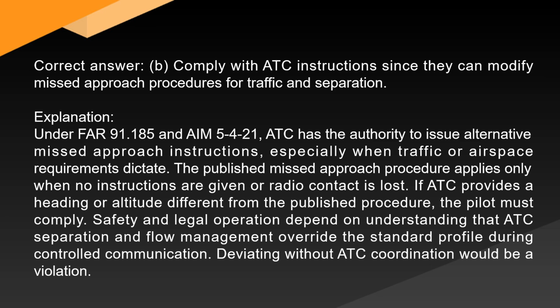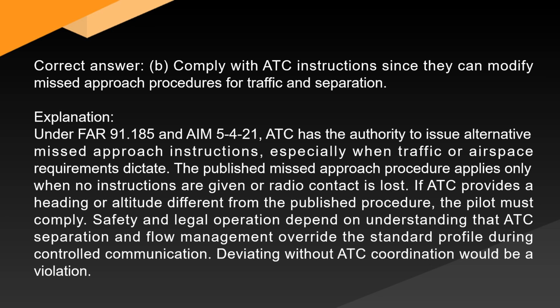Explanation. Under FAR 91.185 and AIM 5-4-21, ATC has the authority to issue alternative missed approach instructions, especially when traffic or airspace requirements dictate. The published missed approach procedure applies only when no instructions are given or radio contact is lost.